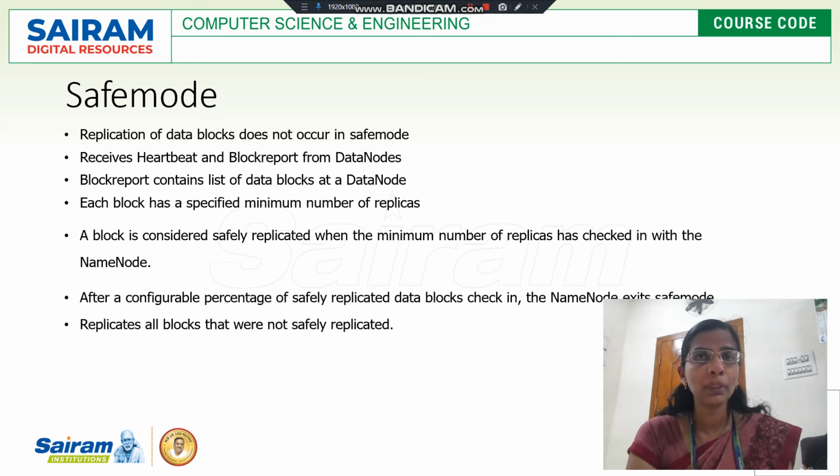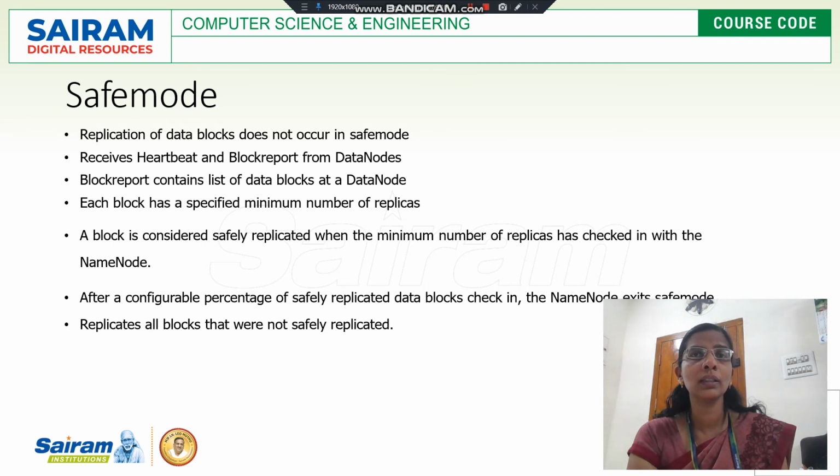And the purpose of safe mode, why the name node enters into safe mode, is to check whether the minimum number of data blocks are replicated properly and safely in other nodes. So to check whether replication is done properly or not, the name node will enter into safe mode and check it.